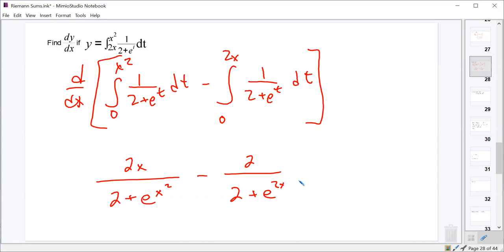And we should note that basically all we're doing here is we're taking the derivative of the x squared and multiplying that by this function with x squared replacing the t. And then subtracting the lower limit, right? Derivative of 2x, so 2, and then over the 2 plus e to the 2x. Any questions or issues with that? I always like to put one question like that on the AP test.